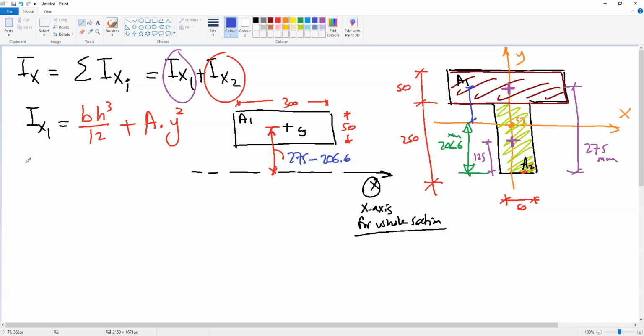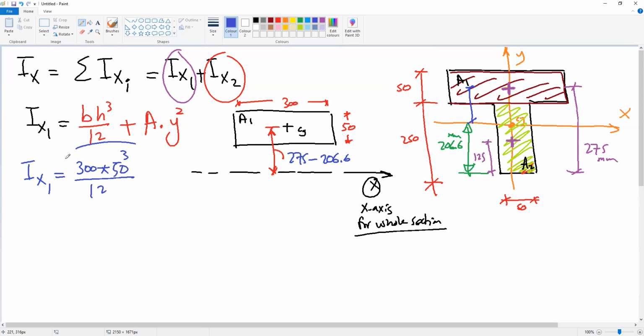Okay, so now to calculate Ix1, we have Ix1 equal to b, which is 300, times h, which is 50, cubed divided by 12.